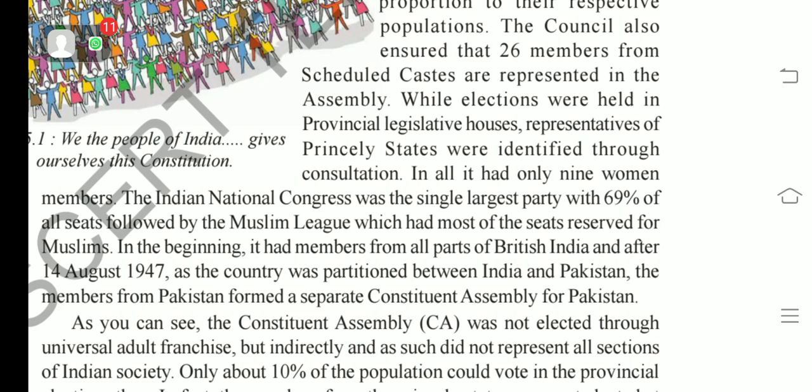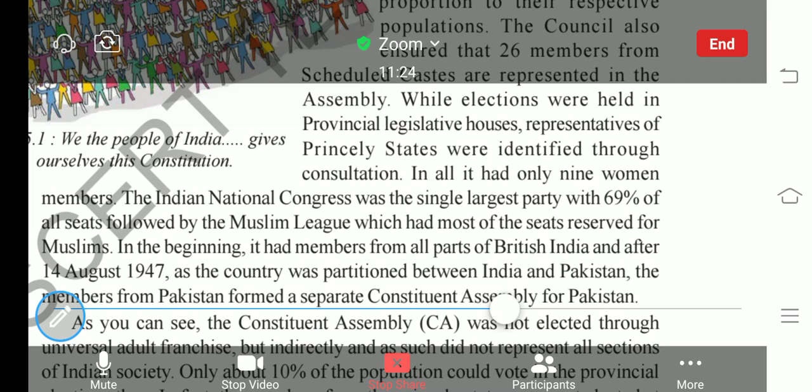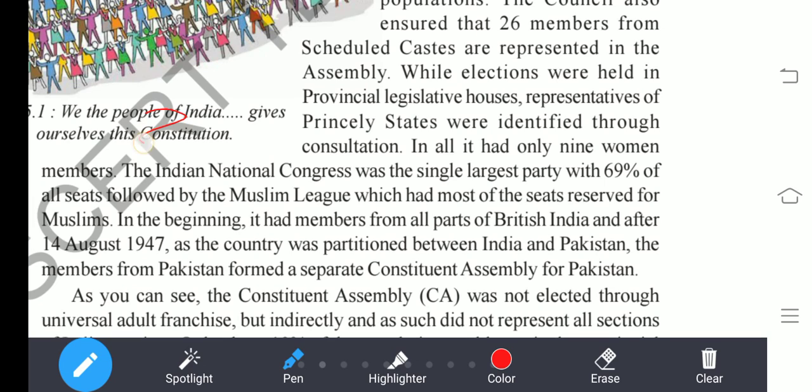and 9 women members were also taken into the Constituent Assembly. In that way, the Constituent Assembly was formed with 389 members. How much? 389 members. Understand?